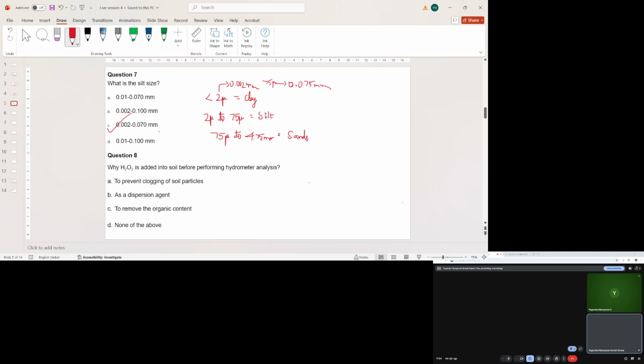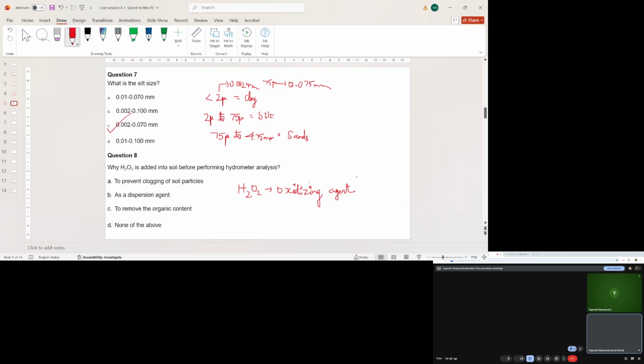To understand this, we need to understand what H2O2 is. As you might have studied in your 10th and 12th chemistry, H2O2 is a strong oxidizing agent. We also know that for particle size analysis, we need to remove the organic matter.